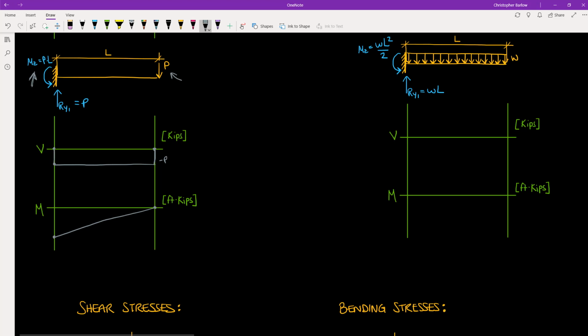And this moment reaction is acting in the counterclockwise direction, and so it will be positive. And so it will push the moment diagram back to 0. And this moment is equal to negative P times L. And the magnitude of our maximum moment is equal to our reaction moment, which is P times L.